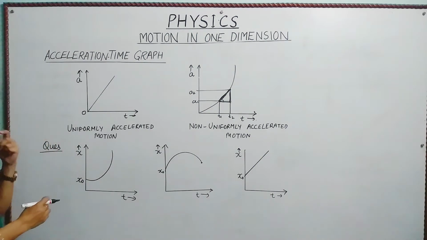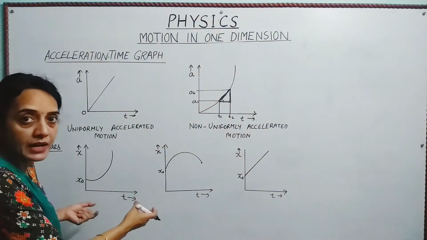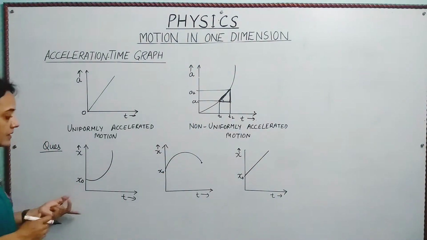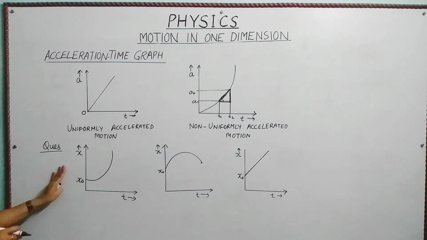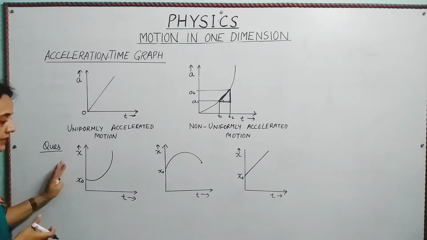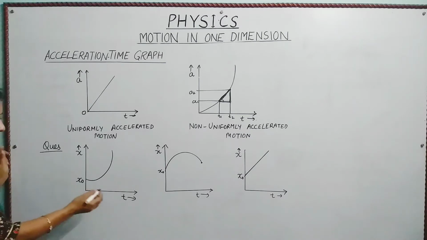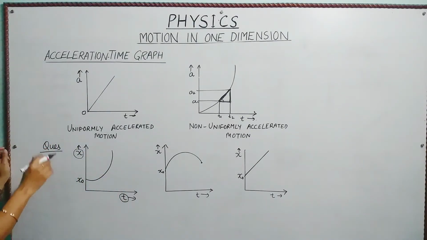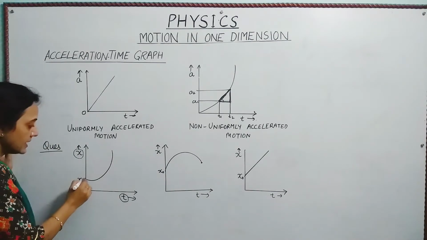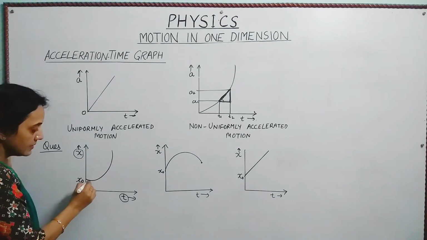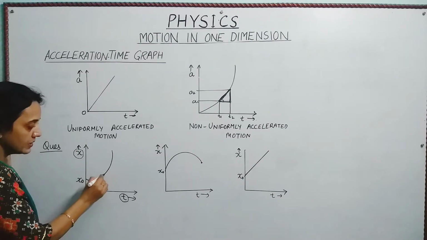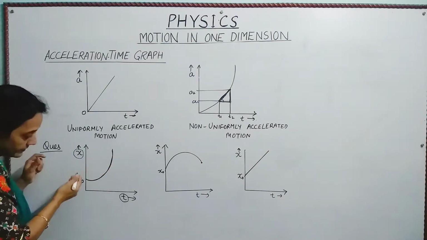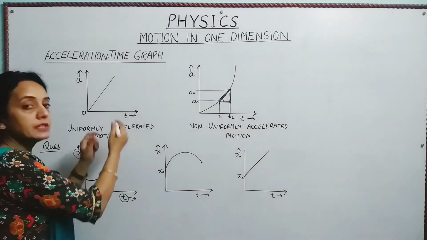Now let us say we have been given these types of graphs. Look at this and tell me what kind of graph this is. Here it is time, here it is position. The body is starting from some position and its position is continuously increasing.